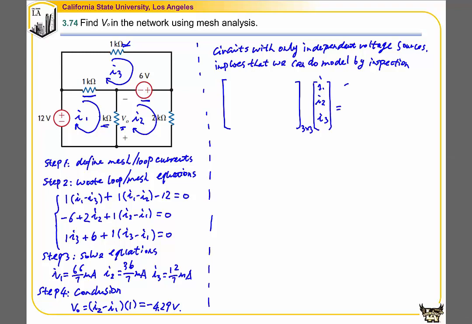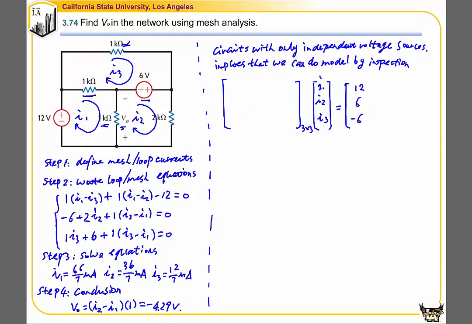On the right hand side are the increases of the voltage sources. In mesh 1, we have a voltage increase of 12 volts, and for mesh 2, following the direction of the current, we have a voltage increase of 6. And for mesh 3, following the direction of I3, there's a voltage decrease of 6, so we have negative 6.